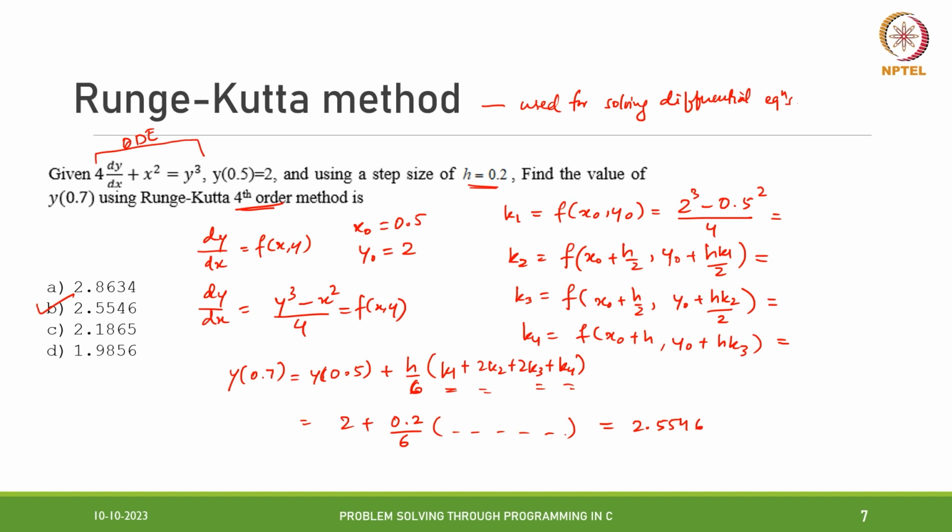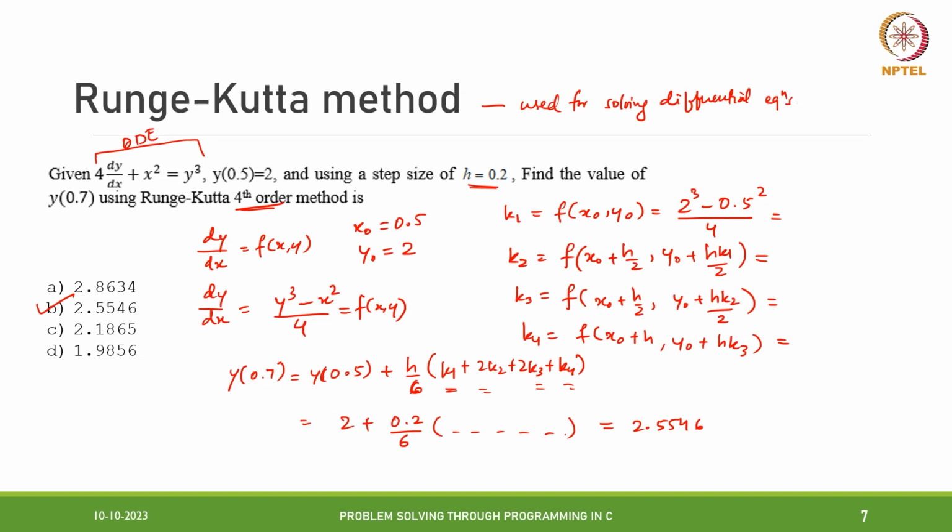So now I write the equation for the increment by step size in Runge-Kutta method. y at 0.7 is what we need to calculate. We already know the value of y at x equals 0.5, and we have been told to use a step size of 0.2. So basically we just need to go one step size in order to get this.